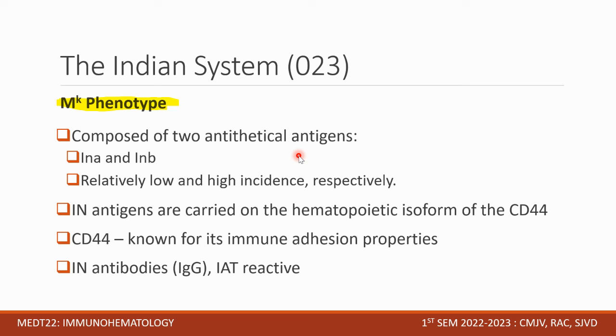INA is relatively low incidence, while INB is high incidence. Indian antigens are carried on the hematopoietic isoform of CD44. CD44 is known for its immune adhesion properties. Indian antibodies are IgG and IAT reactive.